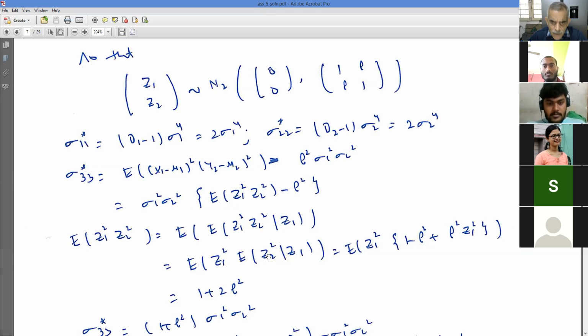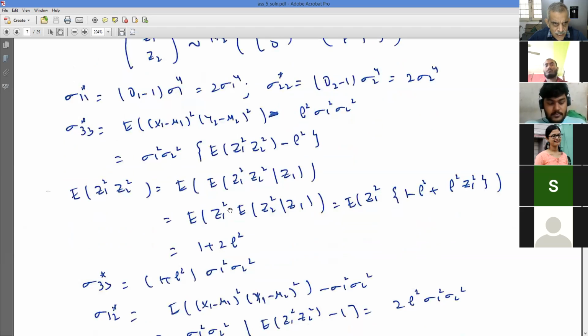And then you can find out expected value of Z2 square, which is variance plus expected value of Z2 given Z1 whole square. So these are variance of Z2 given Z1, and this is the expected value of Z2 given Z1. That you can find out from the conditional distribution. So it turns out to be 1 plus 2 rho square. So sigma 3, 3 star turns out to be 1 plus 2 rho square minus rho square, which is 1 plus rho square into sigma 1 square, sigma 2 square.